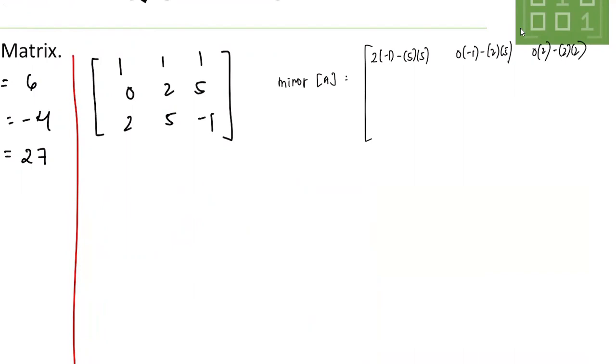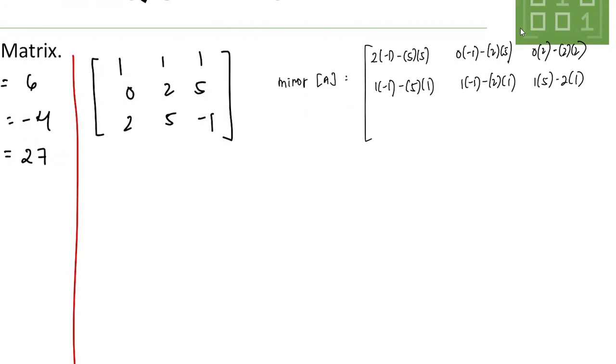Next, 1 times negative 1 minus 5 times 1. Next, we have 1 negative 1 minus 2 times 1. Next, we have 1 times 5 minus 2 times 1. Okay?